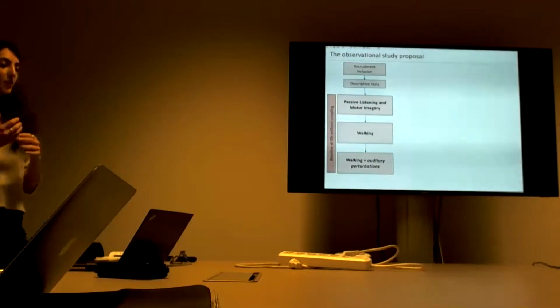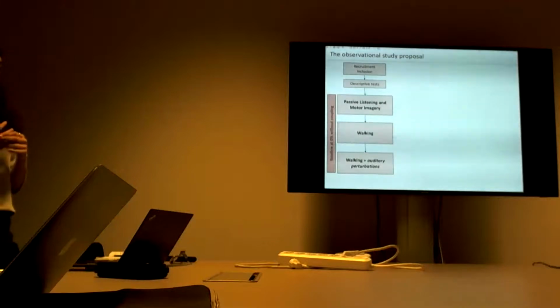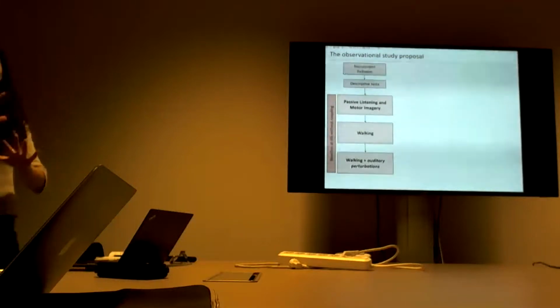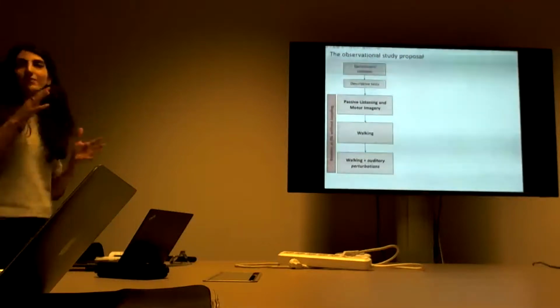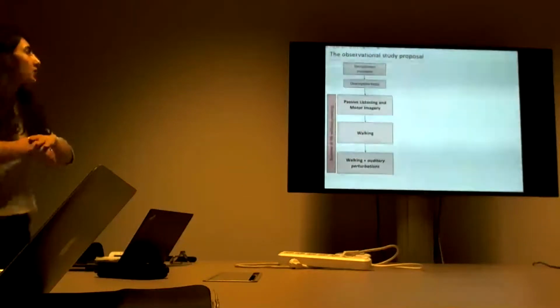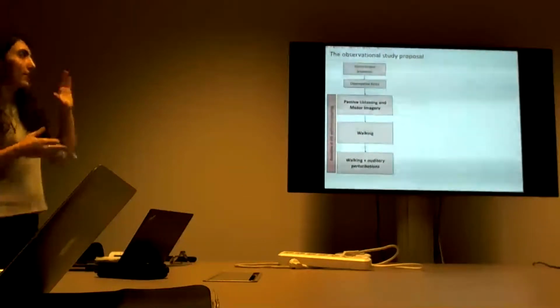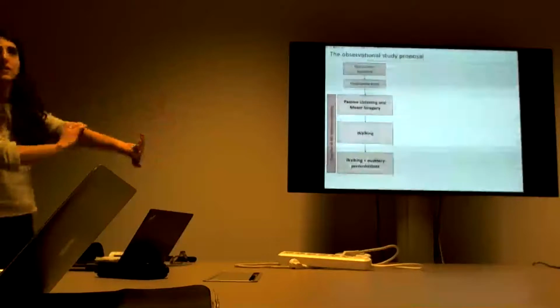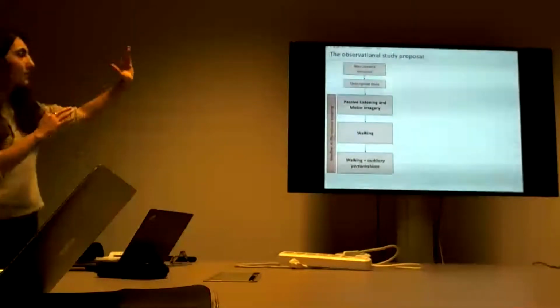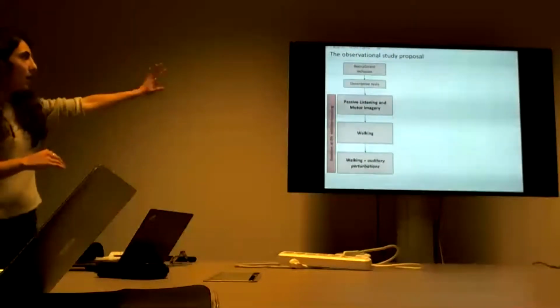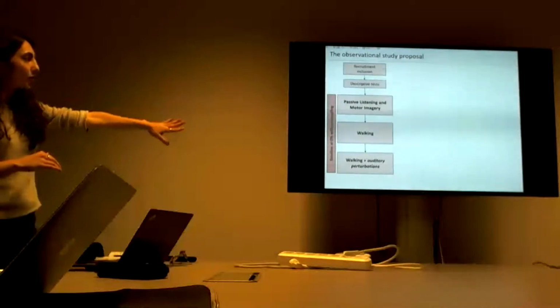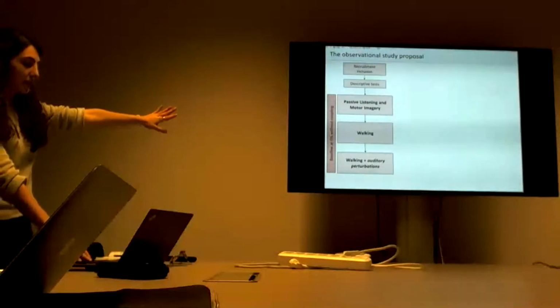So with this in mind, the observational study that I propose, and once again, this is really in progress, so feedback afterwards is welcome. The idea is to have, from one experiment, three different research questions: one with passive listening, motor imagery, and walking with auditory perturbations.